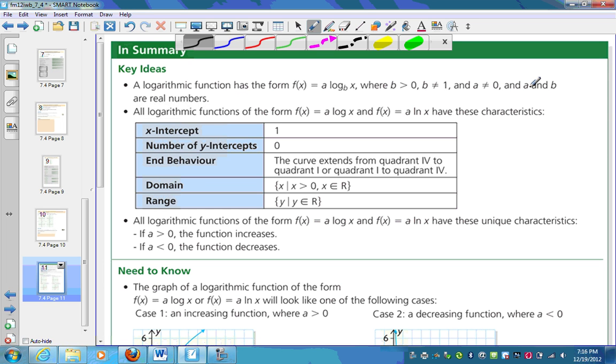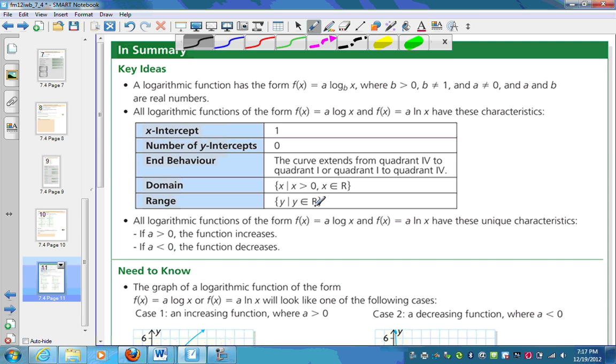All these functions have these characteristics, whether it's log base e or ln, or just a regular logarithmic function. They have one x-intercept, they have 0 y-intercepts, the curve extends from quadrant 4 to quadrant 1, or from quadrant 1 to quadrant 4. The domain is all x greater than 0, and the range is all y, all real numbers.